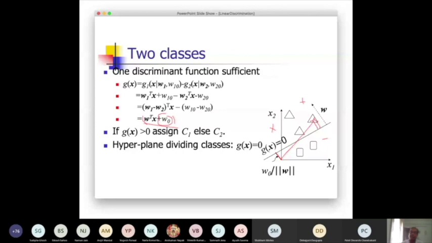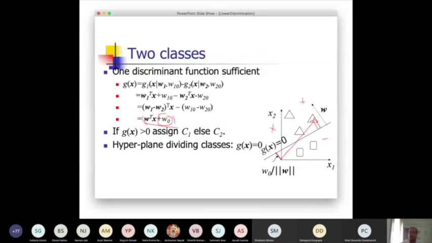If I take this vector and compute the projection of this vector along W, that is what will be there.